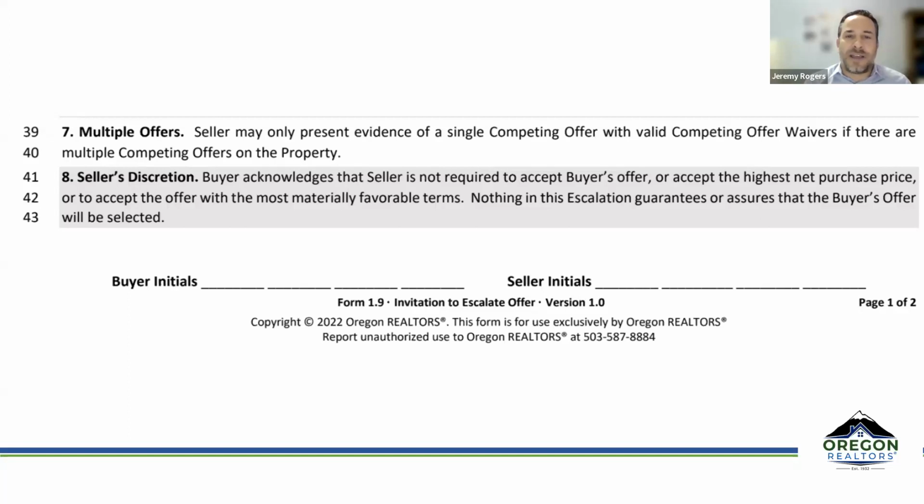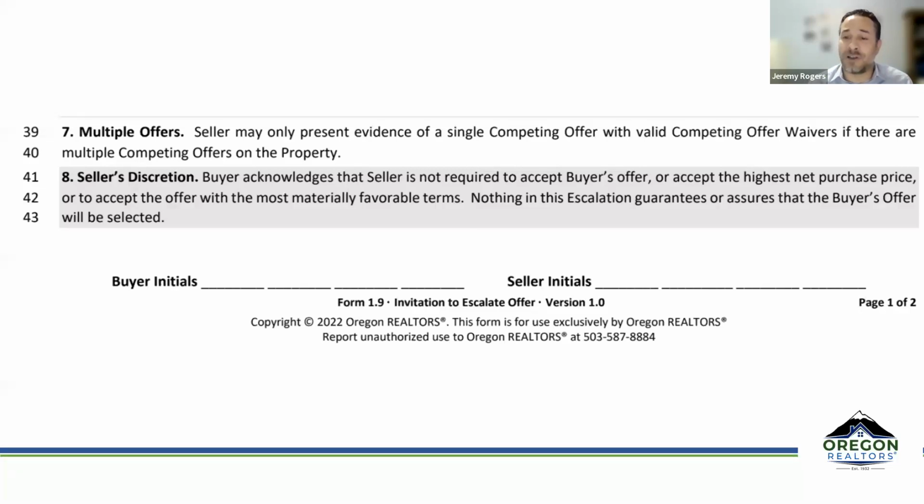All right, so the question was, how can a potential buyer ensure that their escalation clause is competitive and will be effective in multiple offer situations? Well, I think that if a buyer wants to do an escalation clause and take the risk that they are going to have to pay more than their baseline offer price, the maximum price they're willing to pay, whatever they put into that maximum amount, is at the end of the day likely to be probably the biggest factor that would determine if they're ultimately going to be successful.